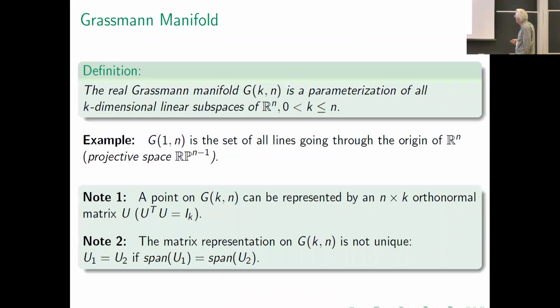I'm going to go quickly because we're late, and I'm happy to have people come and ask me questions about it. So the Grassmannian is a geometric object. It's a parametrization of the k-dimensional subspaces of R^n. We have all of the different ways to measure distances on this thing.